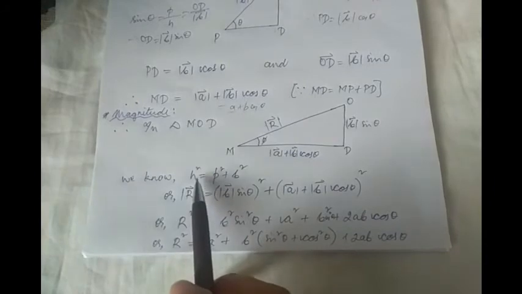So modulus of R squared, from Pythagoras theorem, is equal to P squared. P is B sine theta, so the square of this is B sine theta whole squared, plus base squared. Base is A plus B cos theta, so it is A plus B cos theta whole squared.